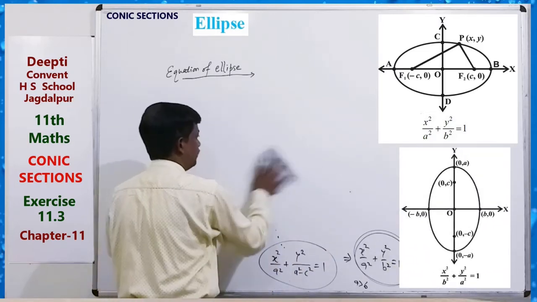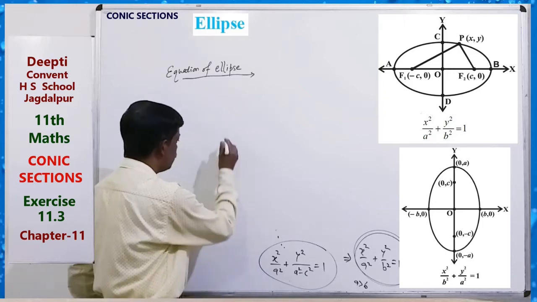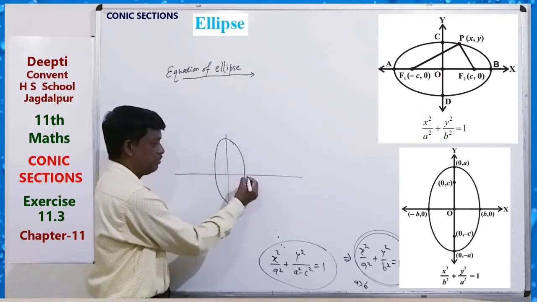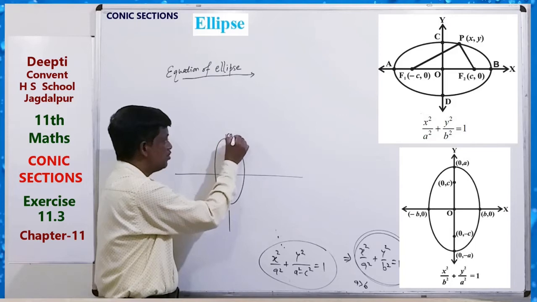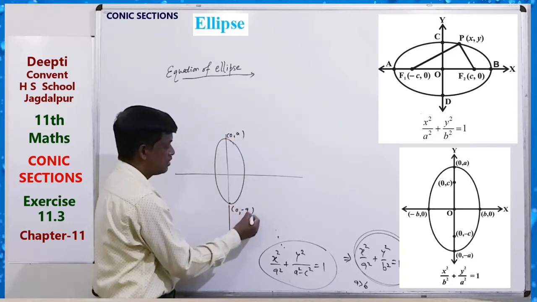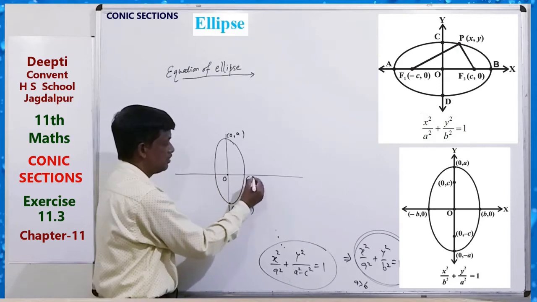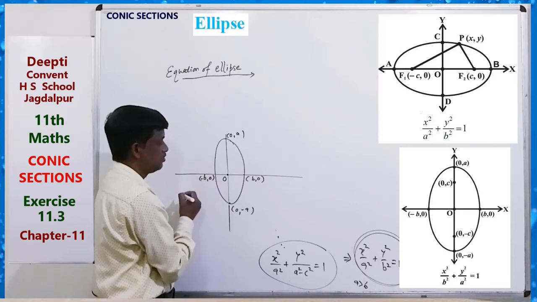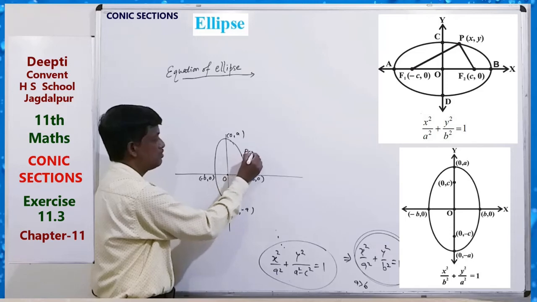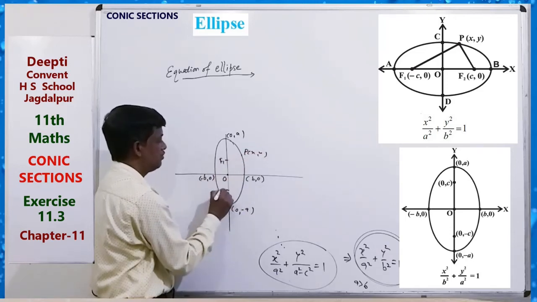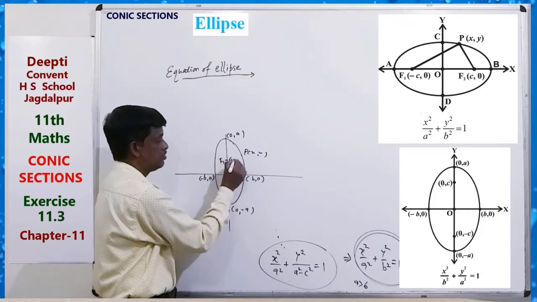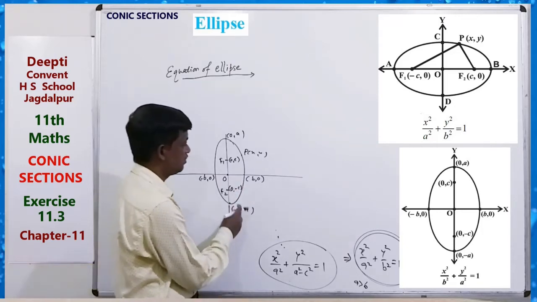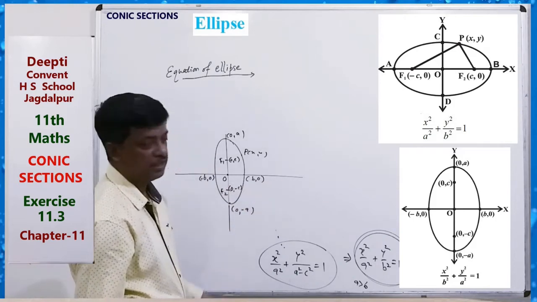So if the ellipse is vertical, meaning this type of ellipse, our notation for this is 0, a, this is 0, minus a, this is origin, this is b, 0, this is minus b, 0, and take any point x, y on this ellipse, here F1, here F2, here 0, c, here 0, minus c.